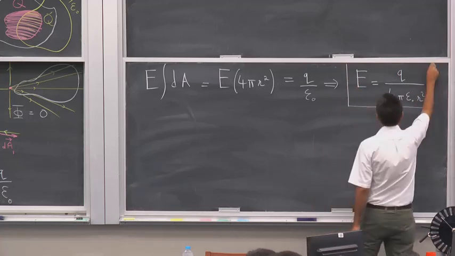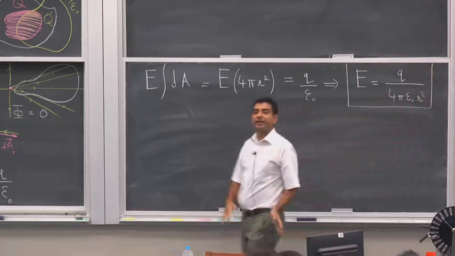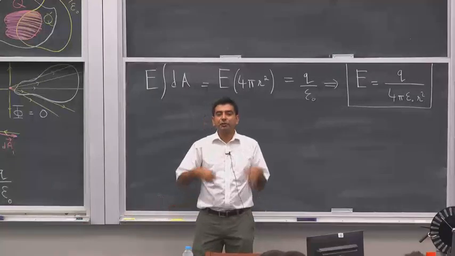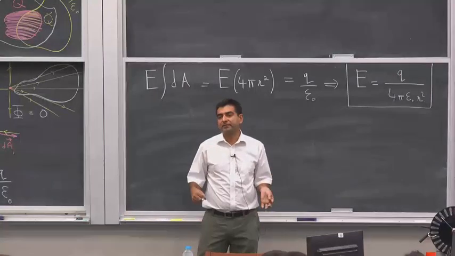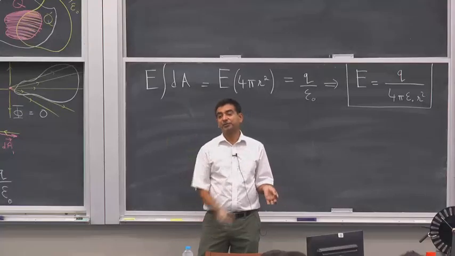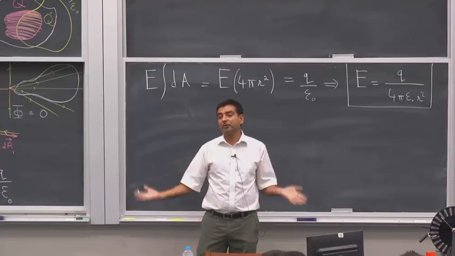Nice. So this was our Coulomb's law. So we can start from Gauss's law, consider the symmetry of the situation, use Gauss's law to our advantage, and find out the electric field starting from Gauss's law. Gauss's law is always valid.